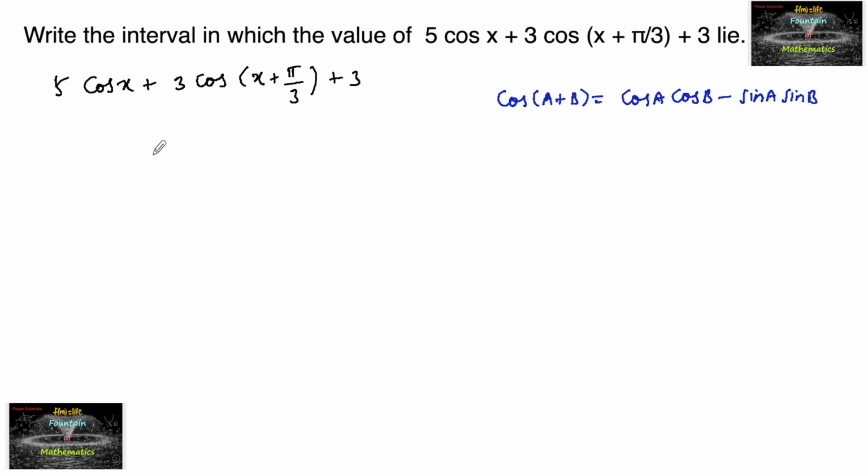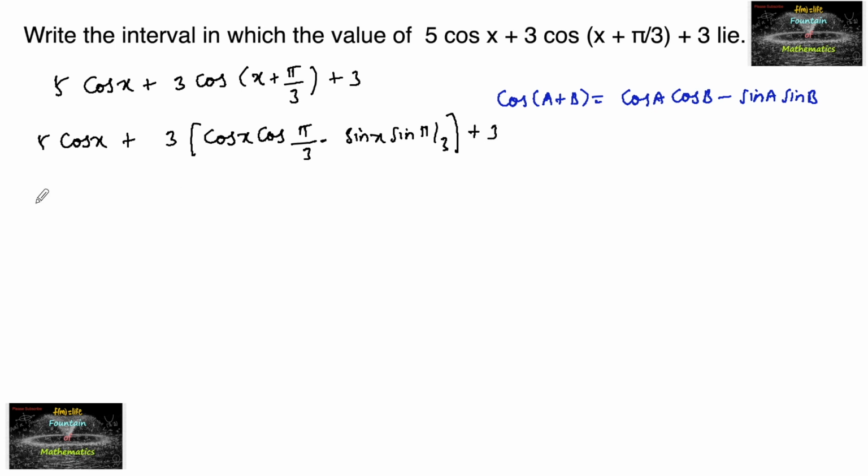So we can write here 5 times cos x plus 3 times (cos x cos pi by 3 minus sin x sin pi by 3) plus 3. We know cos pi by 3 is cos 60 degrees, which is 1 by 2, and sin 60 is root 3 by 2.